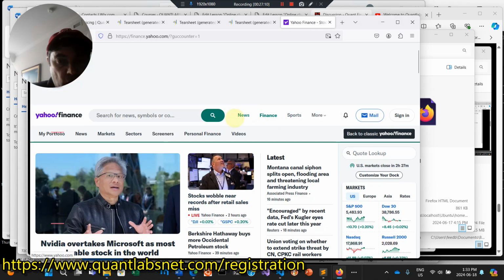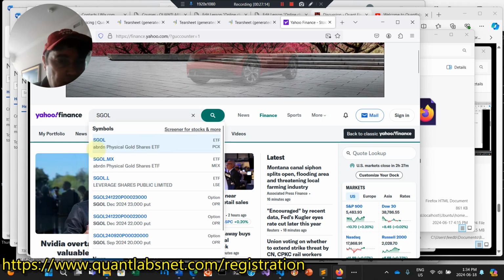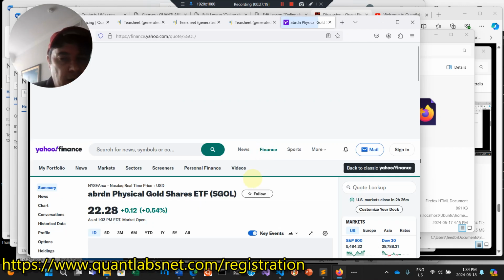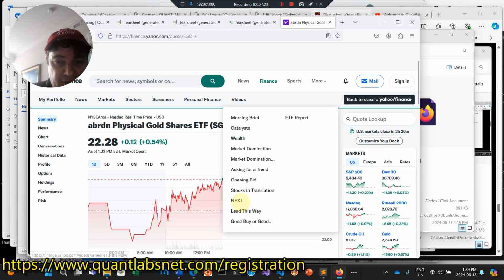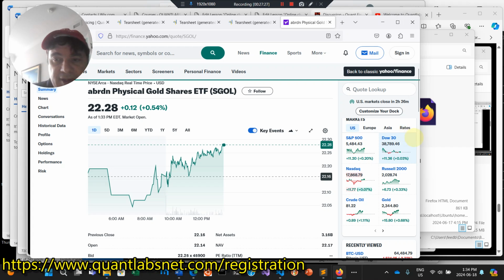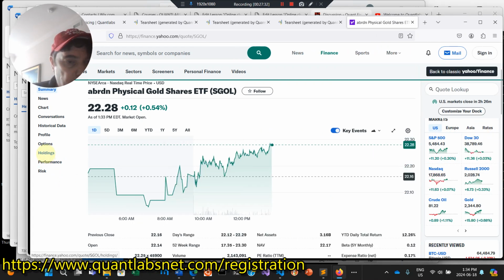Okay, so when you put in your symbol, SGL, physical gold shares, you should be able to find your holdings in here somewhere, unless they took it out. But there is a way. Oh, here you go. Holdings right there.